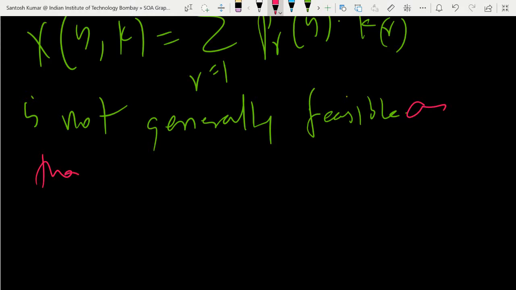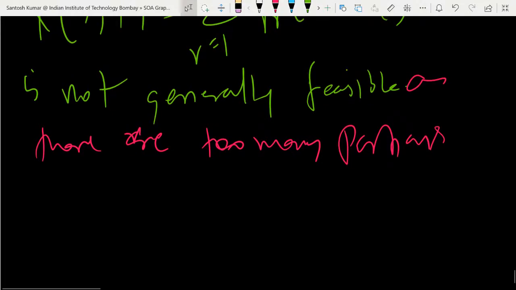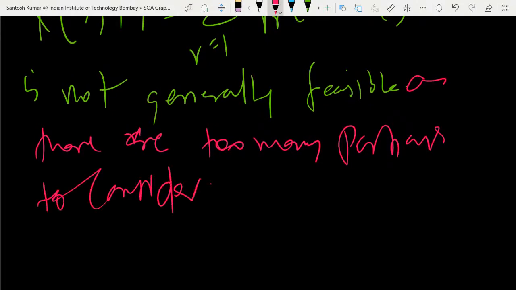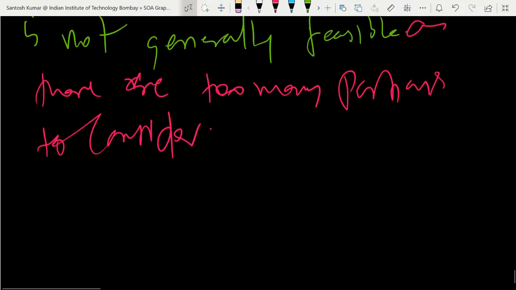As there are too many partitions to consider. Actually, C4 was the easier case. It has only 4 vertices, so you have fewer partitions. But for C5, C10, if I give, there are too many partitions, so it may take much time.